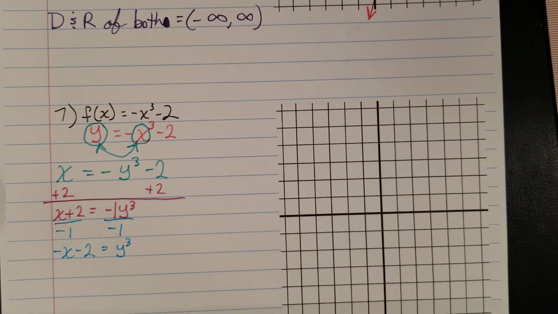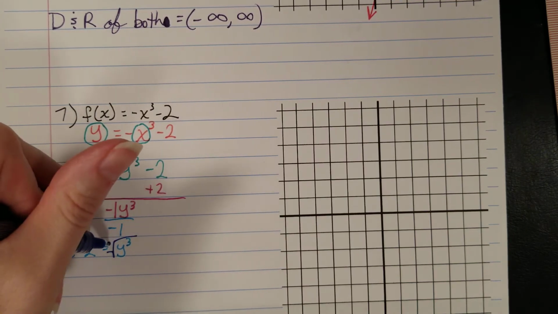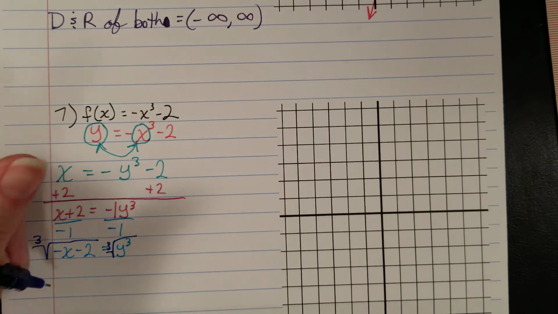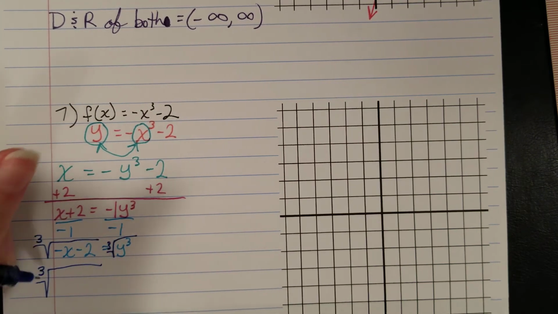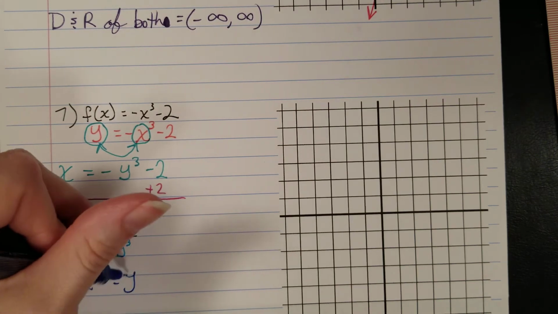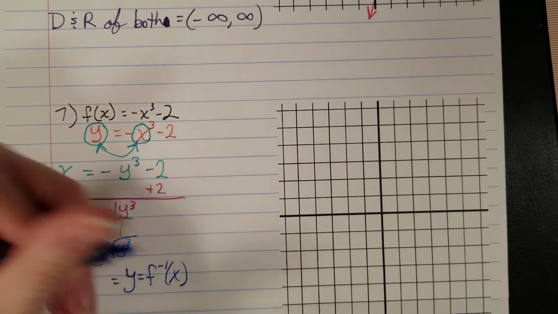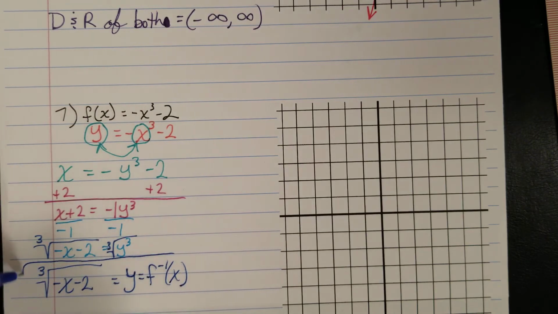And then finally just take the cube root of both sides. So the cube root of -x minus 2 is equal to y. That is the inverse function right there.